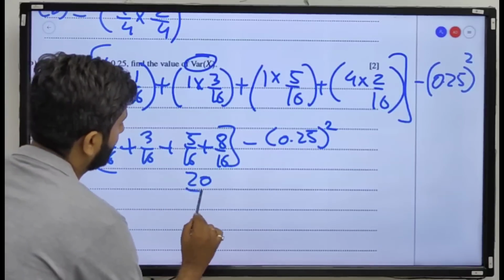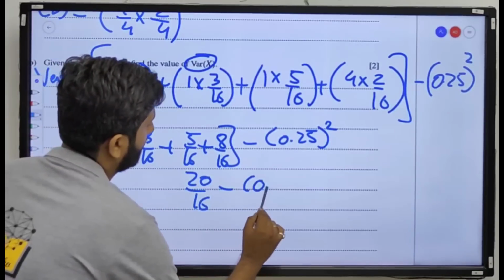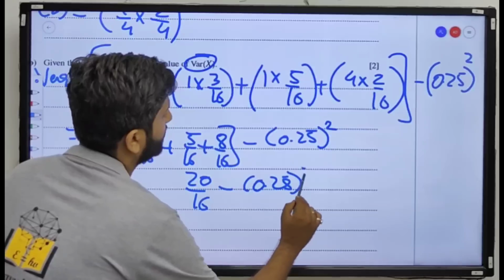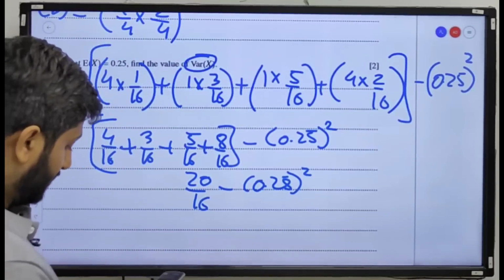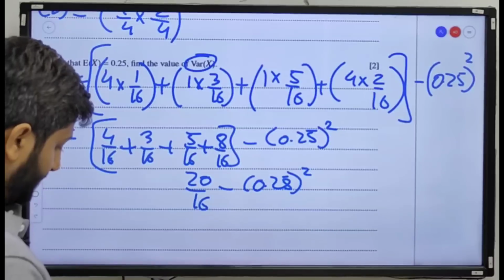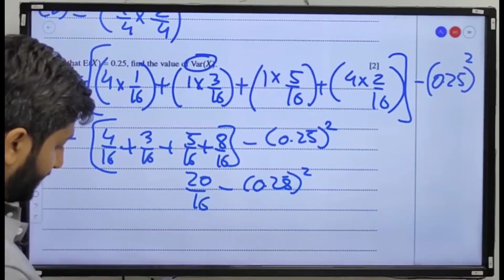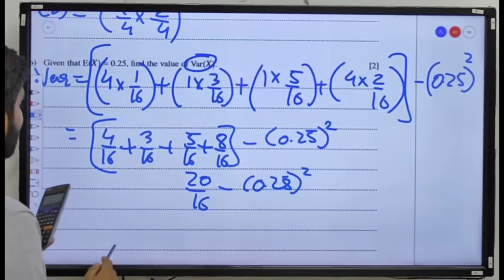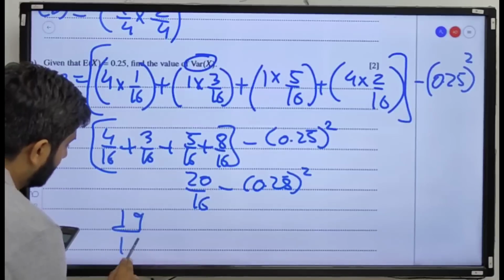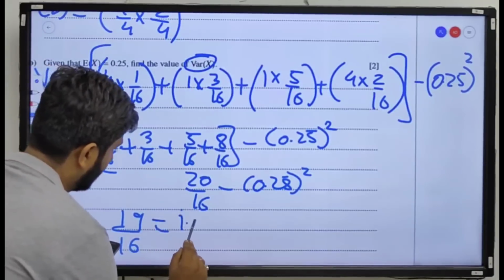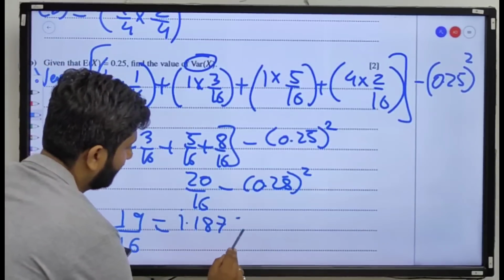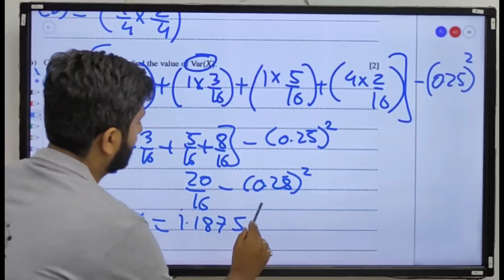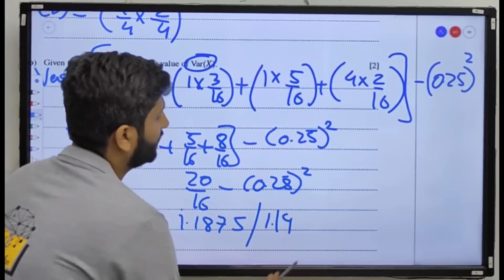So you have 20 by 16 minus 0.25 square. Okay, so 20 by 16 minus 0.25 square is 19 by 16, or I can write this as 1.1875, and even 1.19 would do.